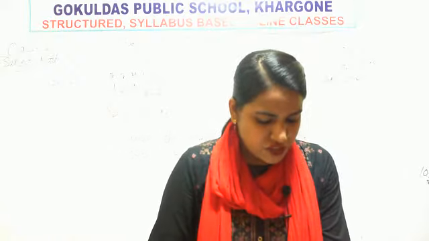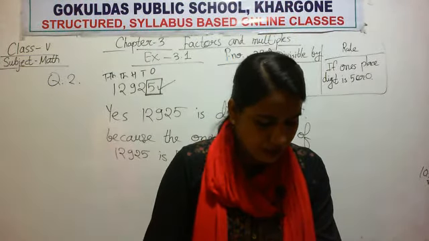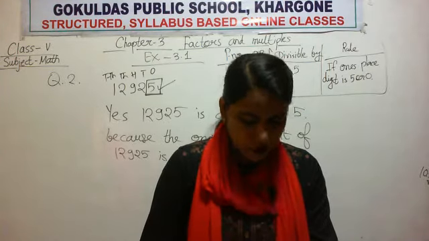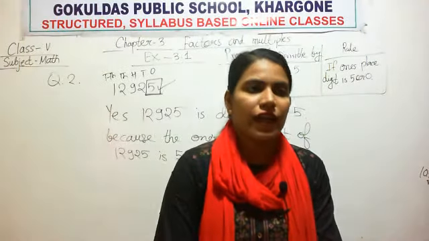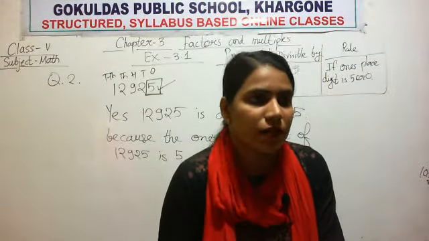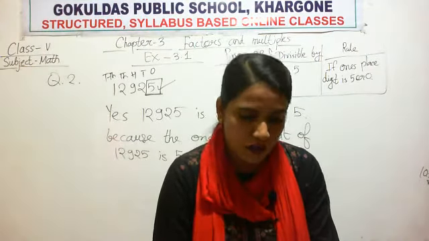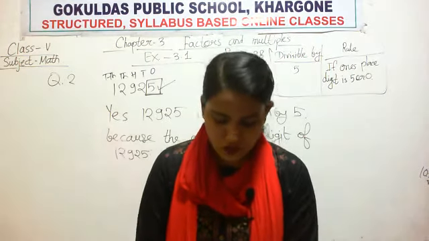Question number 3 is, check if 1848 is divisible by 4 and 11 using the divisibility test. Here again you have to check the divisibility by the given numbers, and not by the actual division process. So let us start.